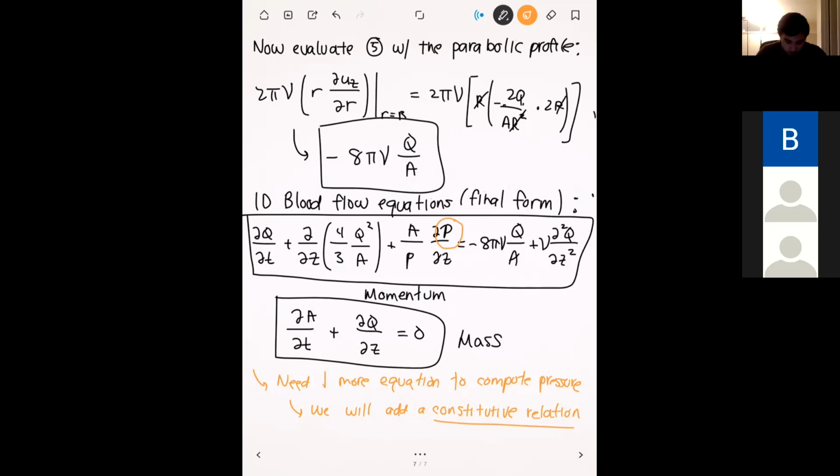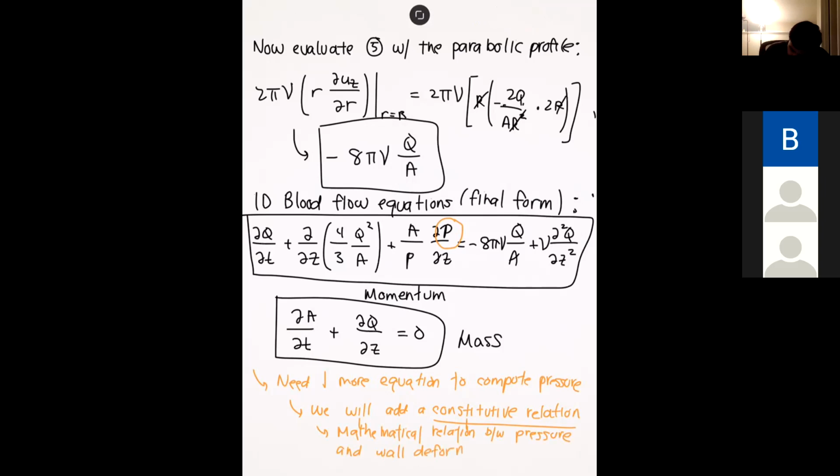So let me go write that down. A constitutive relationship is a mathematical relationship between pressure and wall deformation. And there are several options here.